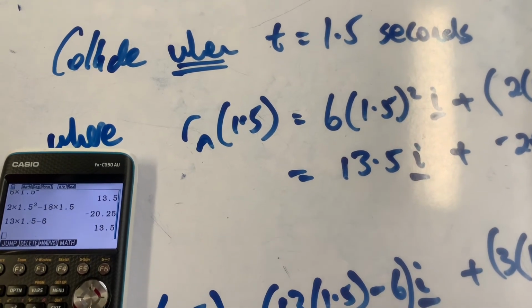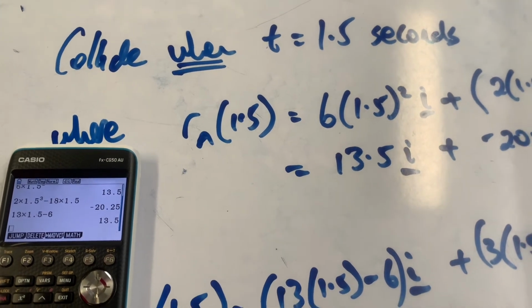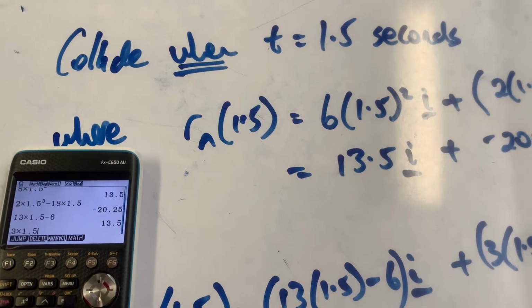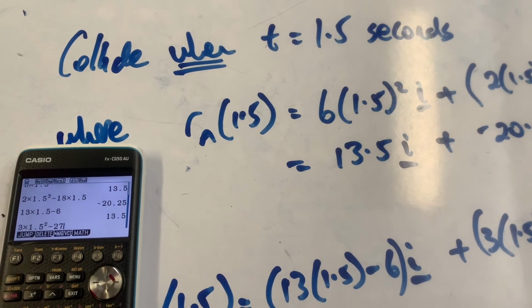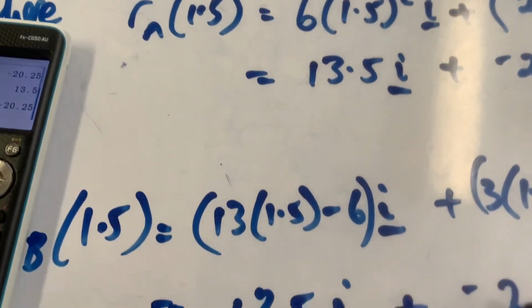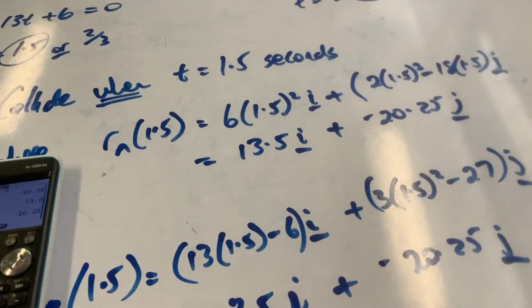Yep, that gives me 13.5 i plus 3 times 1.5 squared, take 27, negative 20.25 j. So we've justified our answer.